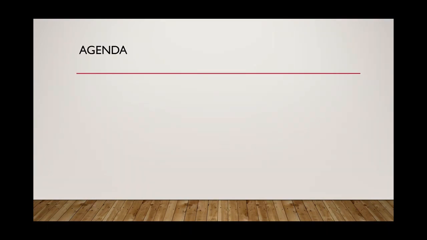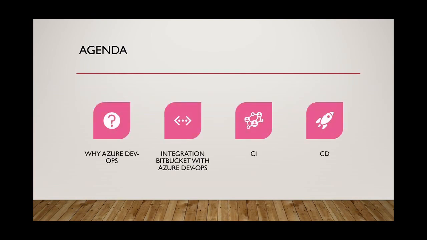Agenda. So let's see what we have on today's agenda. We're going to talk about why we are going to use Azure DevOps as a tool for setting up a CI/CD pipeline, and we're going to do a quick demo showing how to integrate Bitbucket with Azure DevOps.